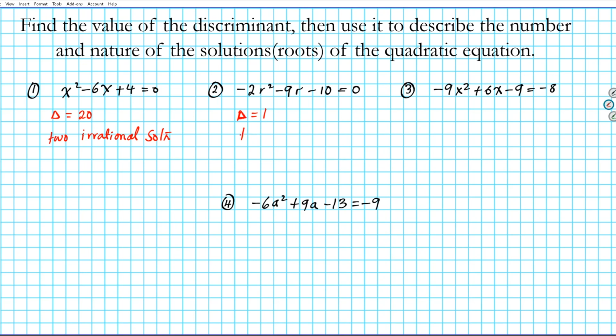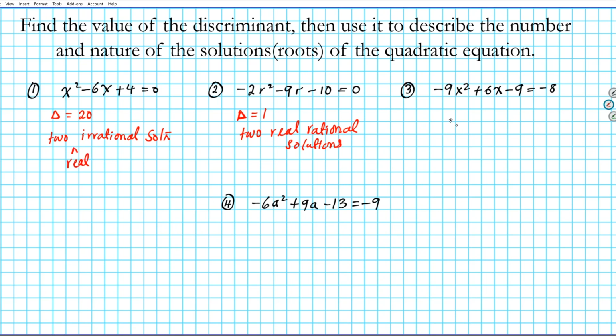So in this particular case, you have 2 real rational roots, two real rational solutions.